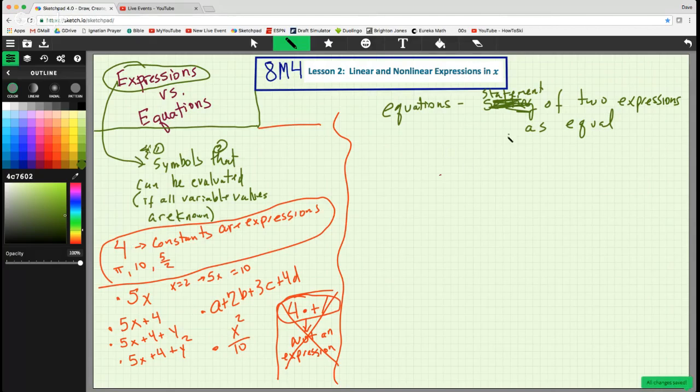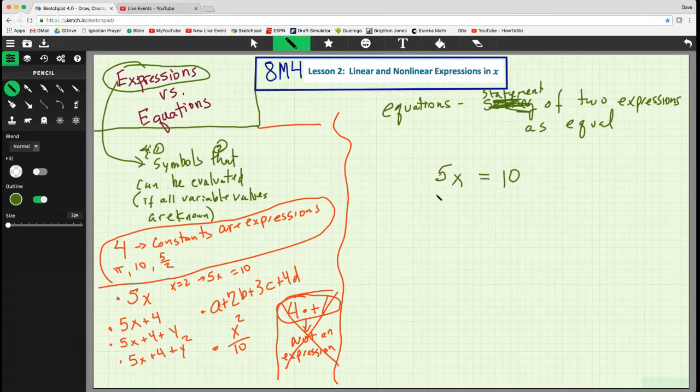So I can take an expression, put an equal sign, and put another expression. So I can say 5x, that's an expression, and then that equals another expression. I could say 5x equals 10. Expression equals expression, and that's an equation.